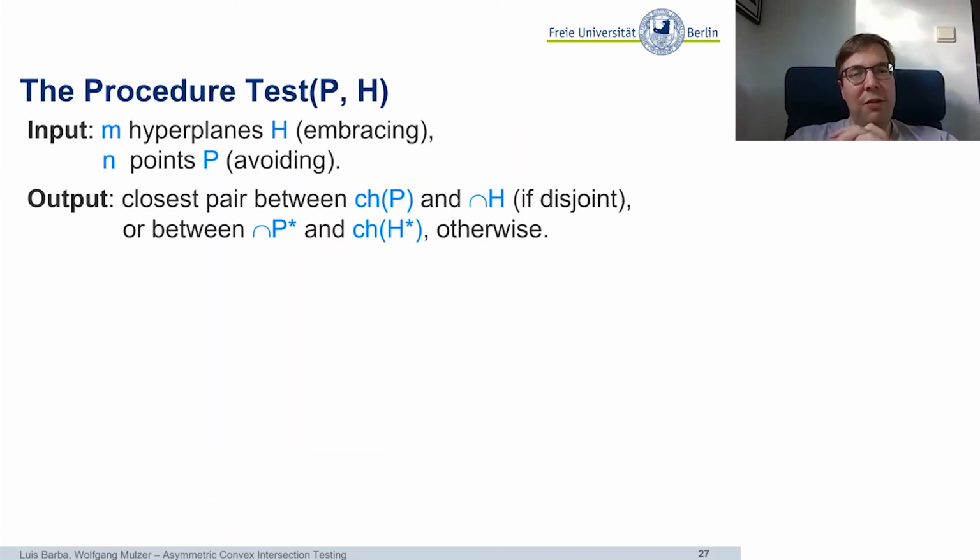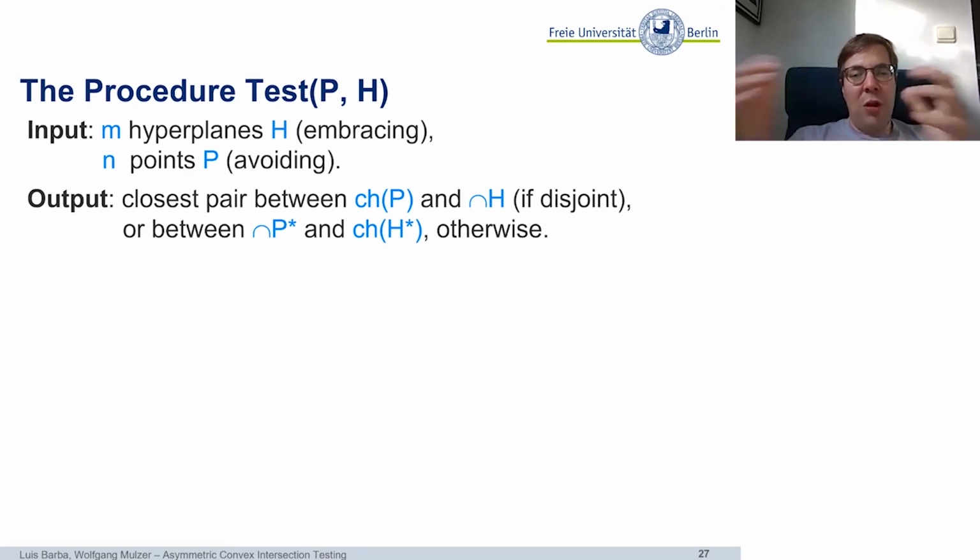So now we have a general intersection testing routine, and so there we have some hyperplanes that are embracing, and we have some points that are avoiding. And what we want to do now is either we want to know whether these two polytopes, the H polytope and the V polytope, intersect.